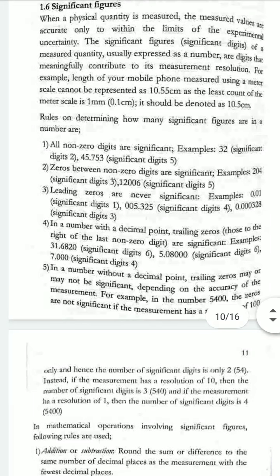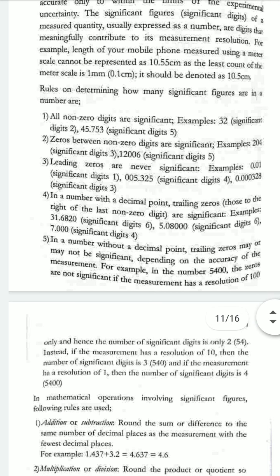The next rule is about leading zeros. As you see in the example 0.01, the leading zeros are non-significant, so it has only one significant digit. In a number with a decimal point, all the trailing zeros are also significant, meaning those to the right of the last non-zero digit.